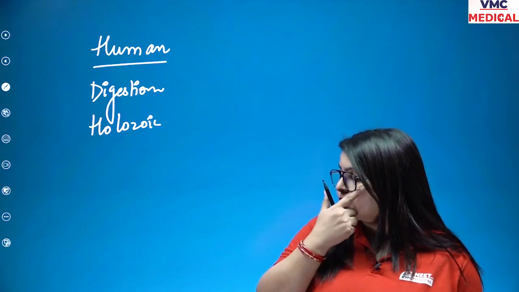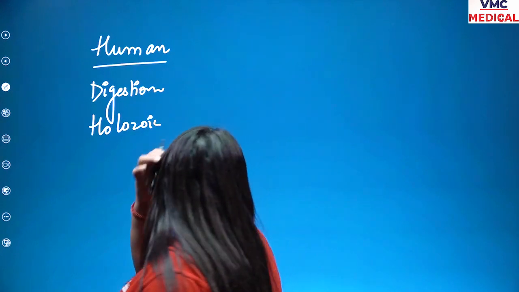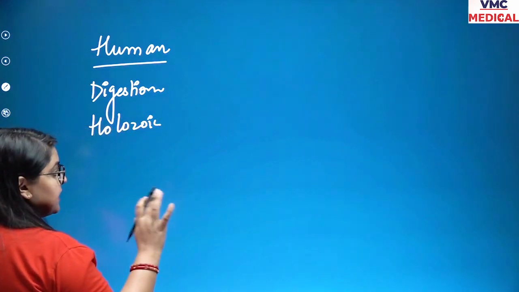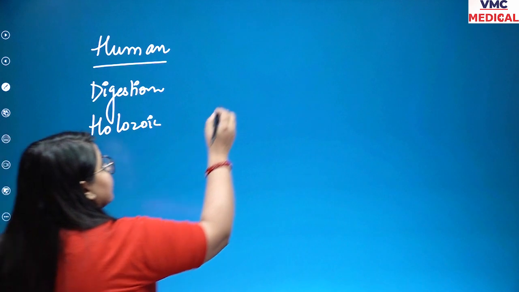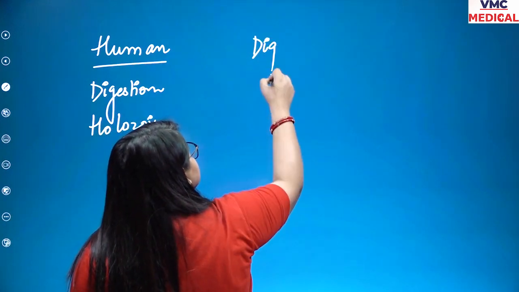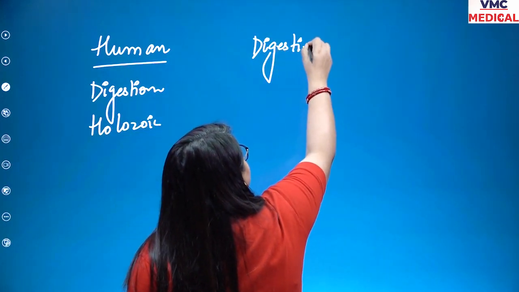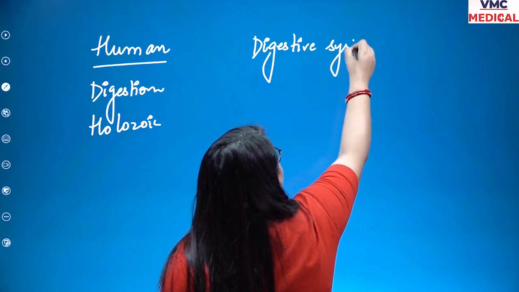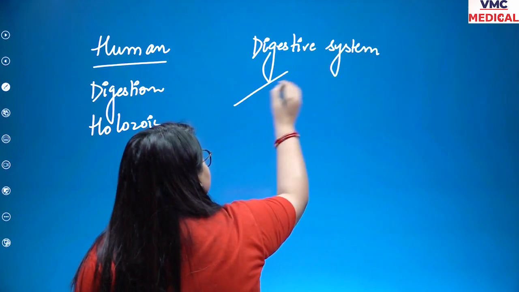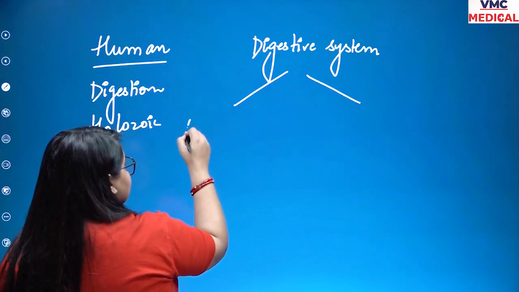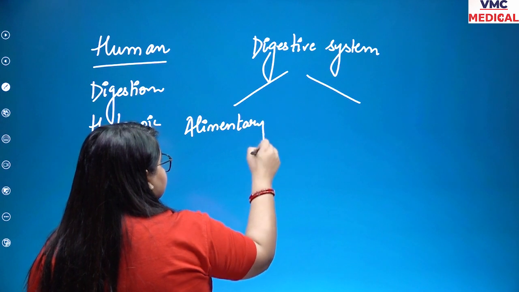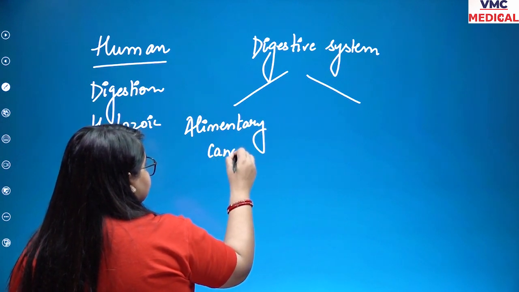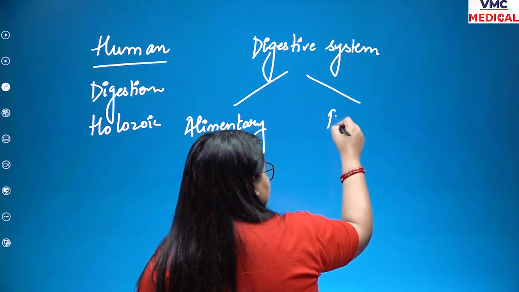Now talking about this, what is actually required for digestion? We have a particular digestive system in us, right? So this digestive system basically consists of an alimentary canal and accessory organs.